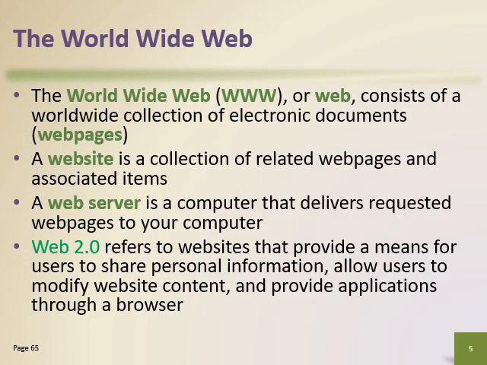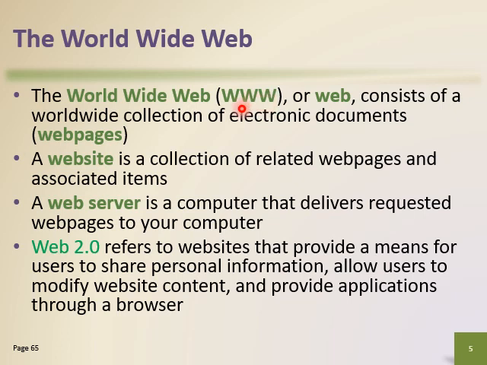Now there are various terminologies that you need to know. We have the World Wide Web, or WWW, which you might know from years. It is the web, which consists of a worldwide collection of electronic documents, that is web pages. When you write www, it means World Wide Web, or you can simply call it the web.